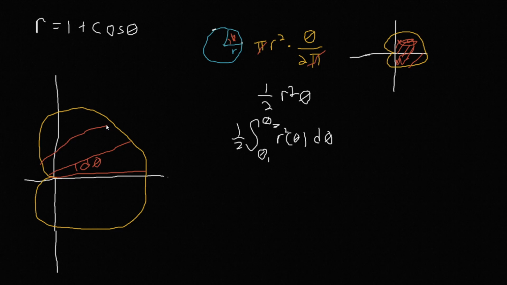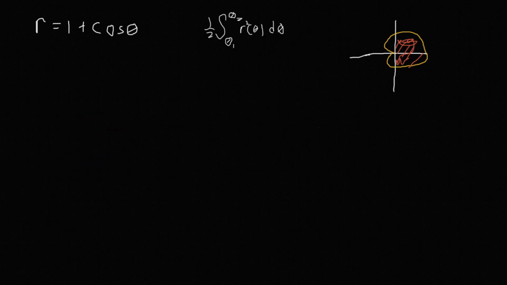And then we could add up these tiny little areas as we go around the polar curve. Okay, so now that we have the idea behind the formula, let's go ahead and write out this integral.